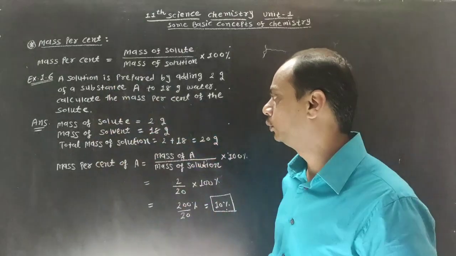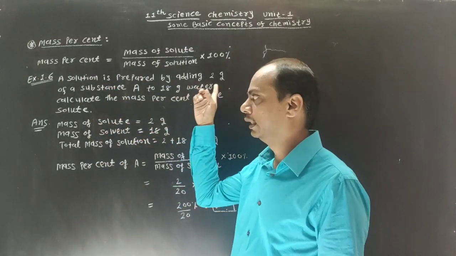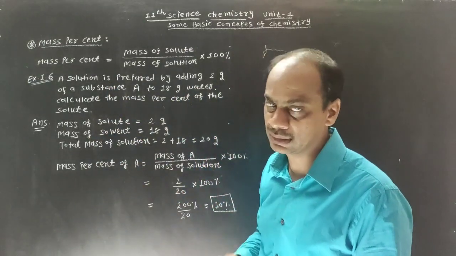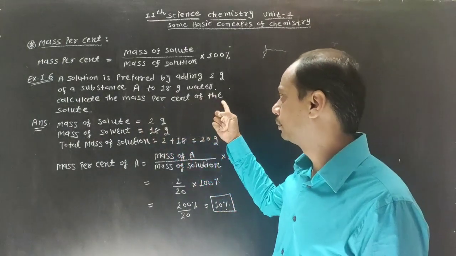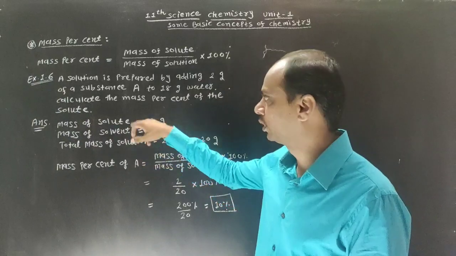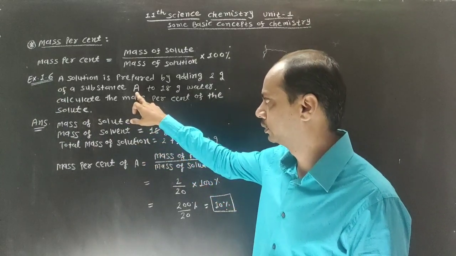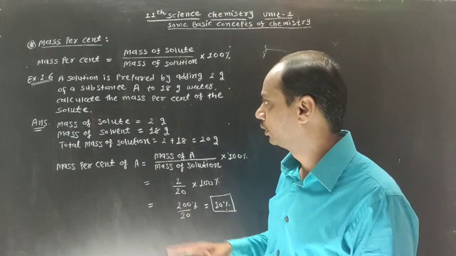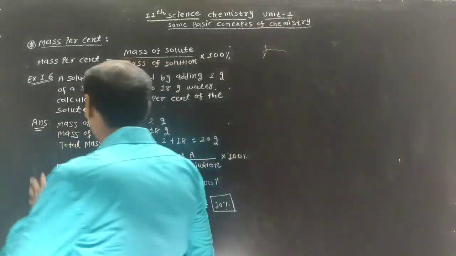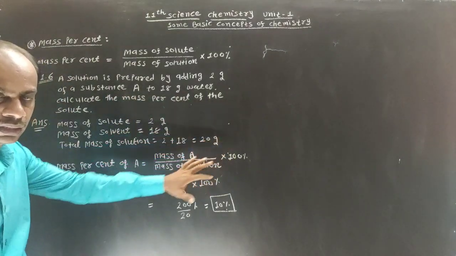Okay. A solution is prepared by adding 2 gram of a substance A in 18 gram of water. Calculate the mass percentage of the solute. Means we have to calculate the mass percentage of solute A. First of all, we are going to write the given data.